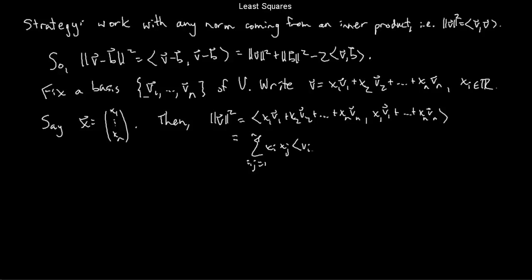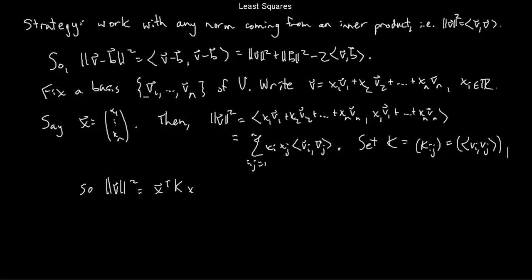The summation with i and j going from 1 to n of xi xj vi dot vj. So I set K to be this matrix with entries kij, and kij is exactly the coefficient vi dot vj. This is called the Gram matrix of the inner product.